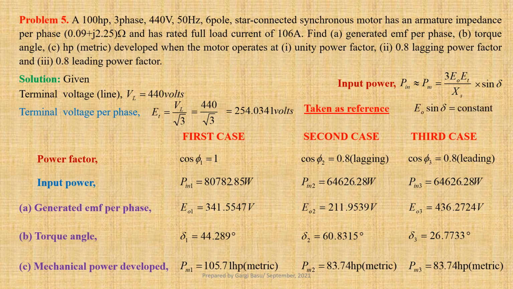Since under lagging power factor condition, generated EMF per phase E02 is less than the generated EMF per phase E03 under leading power factor condition, we have obtained torque angle delta 2 under lagging power factor condition is larger than the torque angle delta 3 under leading power factor condition.